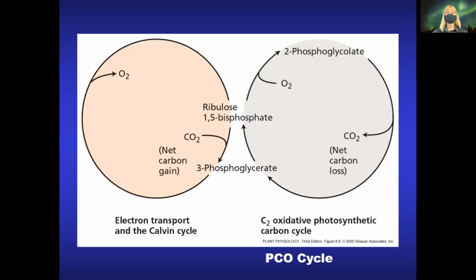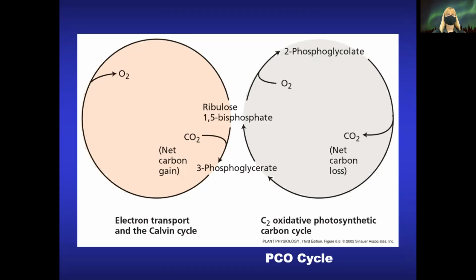Then you do get one molecule of PGA in that process, which is great, but you also get this funky 2-carbon phosphoglycolate. And that can't just smoothly fit into the Calvin cycle. Instead, it has to go through this whole other series of events and reactions called the PCO cycle. When you do that, you get a net loss of carbon in the form of CO2 that never makes it back into the chloroplast, and there's extra energy that's expended.